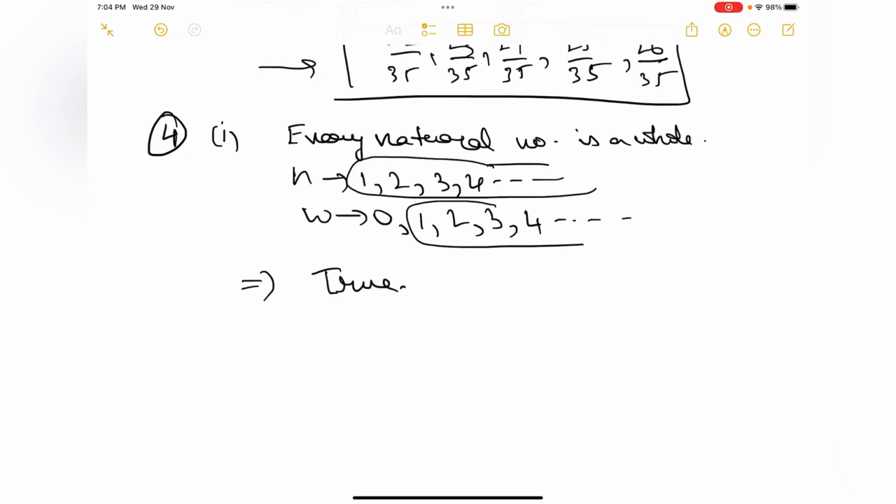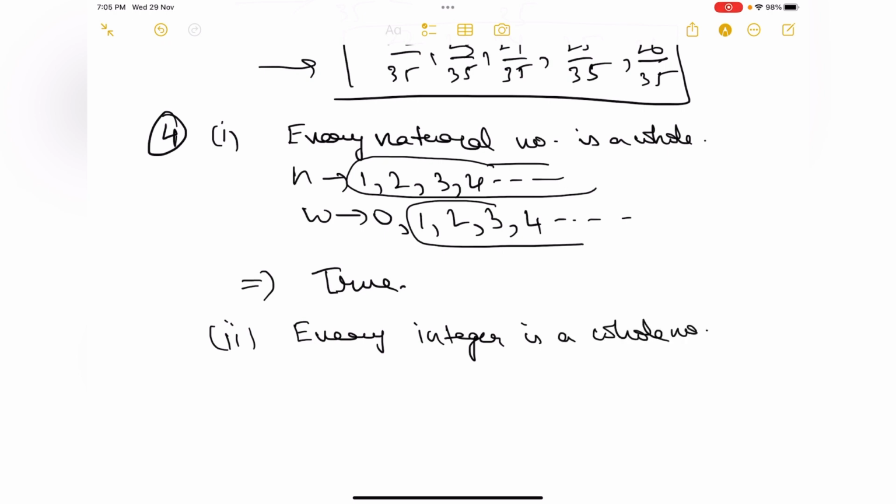Now, second statement. What is the second statement? Every integer is a whole number. Now, what are integers? This is a direct solution you have, right? Whole numbers are non-negative integers, and integers can be negative also.